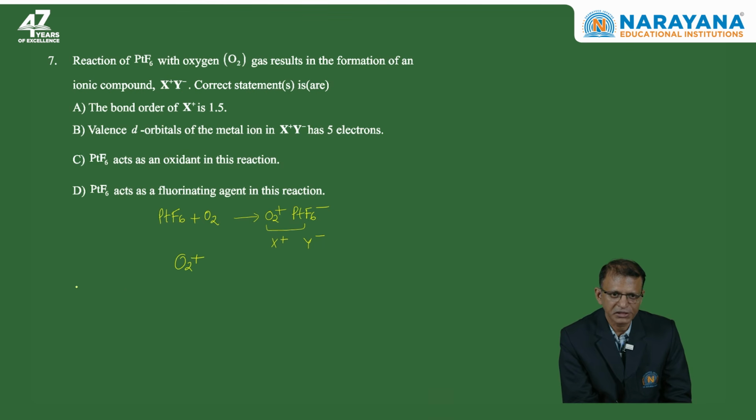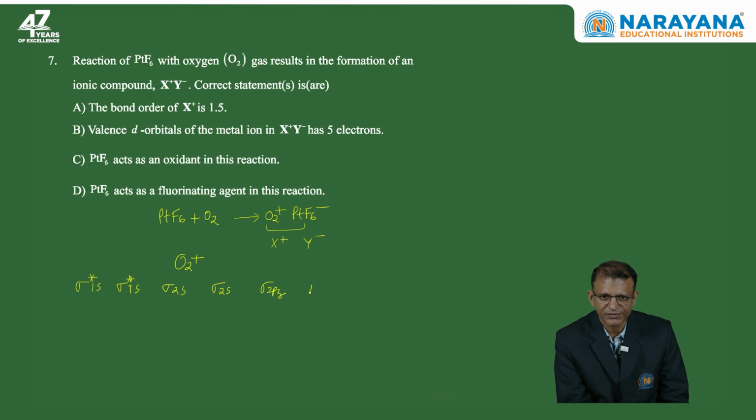By using molecular orbital theory, I can write the electronic configuration: sigma 1s, sigma star 1s, sigma 2s, sigma star 2s. If the number of electrons is greater than 14, then sigma 2pz will come first, then pi 2px, pi 2py, pi star 2px, pi star 2py, and finally we will write sigma star 2pz.